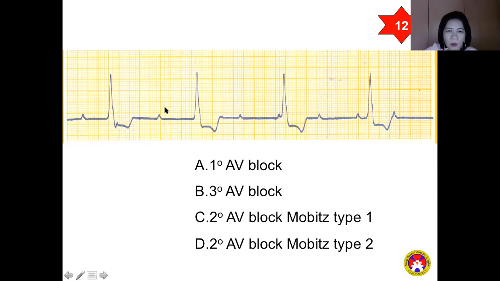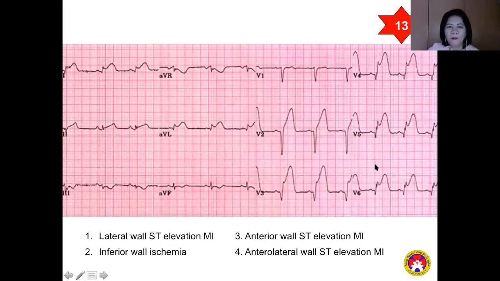This is a P, and another P there. P, P, and another P here. The P's occur regularly, and the atrial rate is faster than the ventricular rate, and none of the P's is related to the QRS complex. So this is third degree AV block.